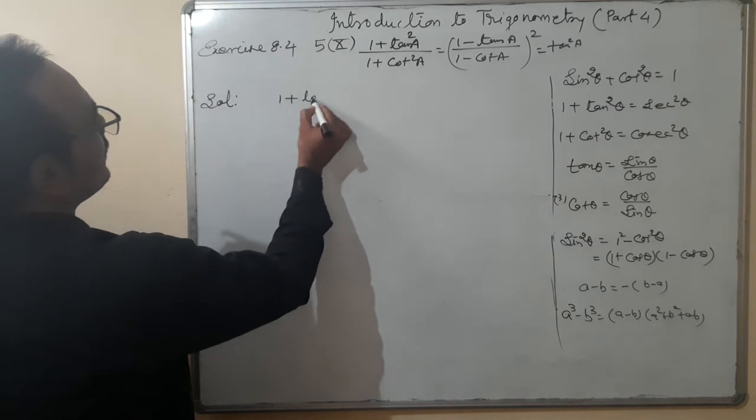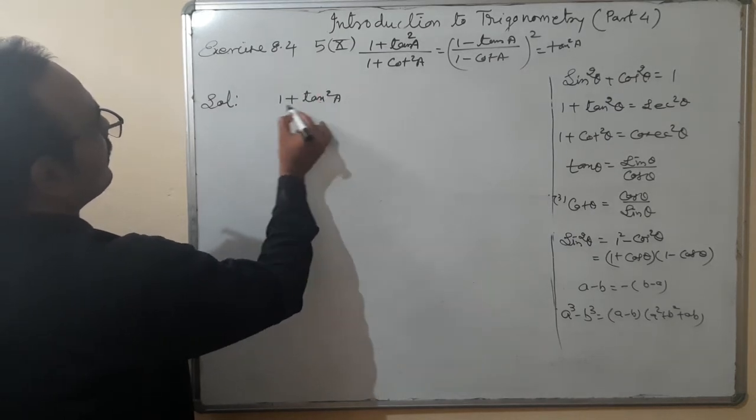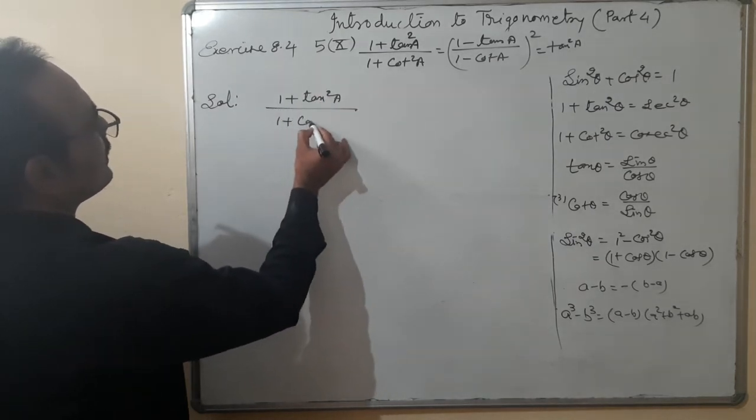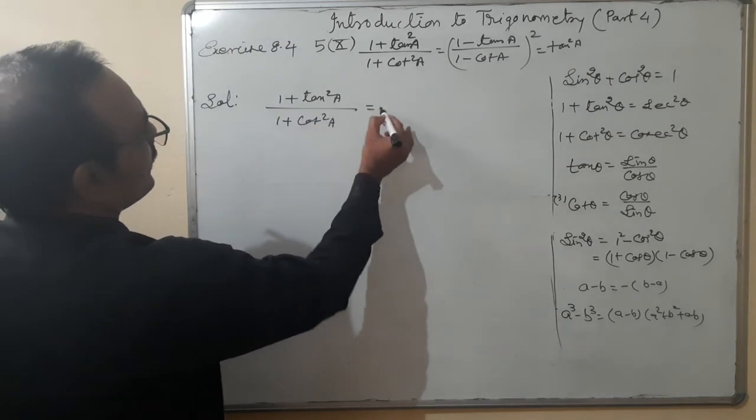1 plus tan square A upon 1 plus cot square A. Okay.